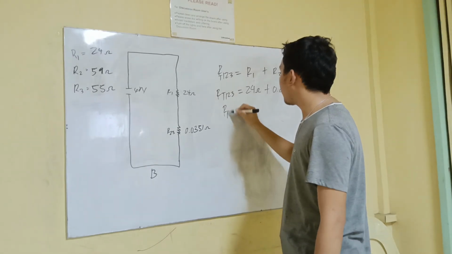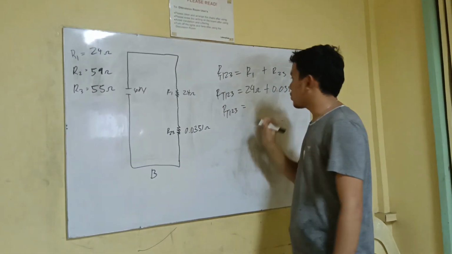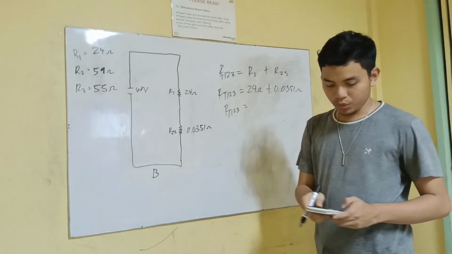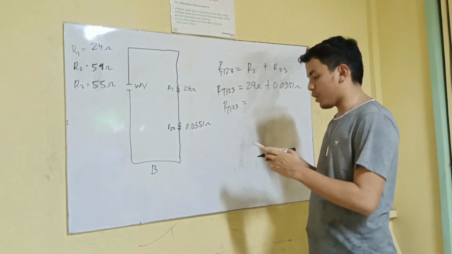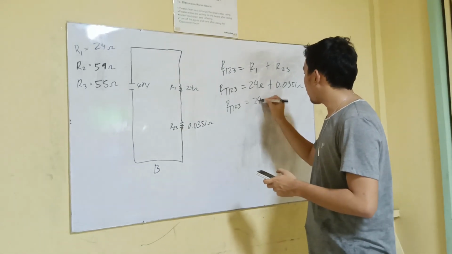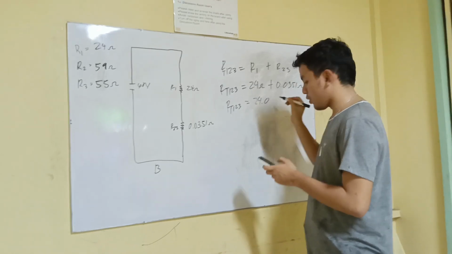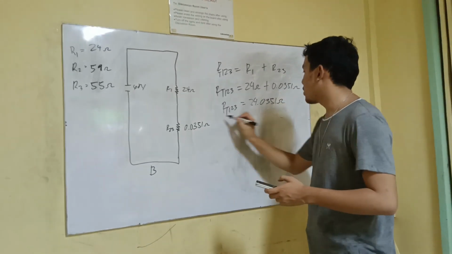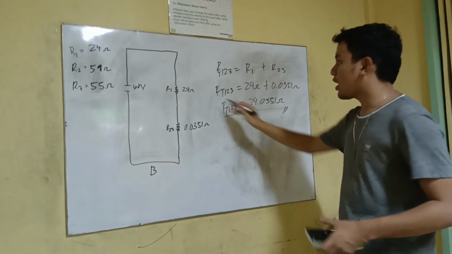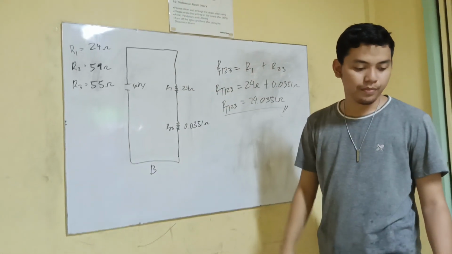So our R total in 1, 2 and 3 is 24.0351 ohms. This is our R total in this problem.